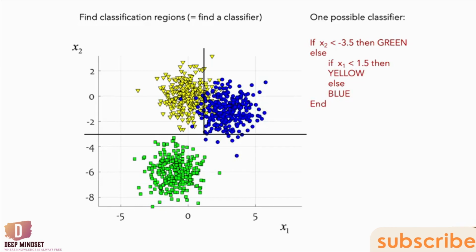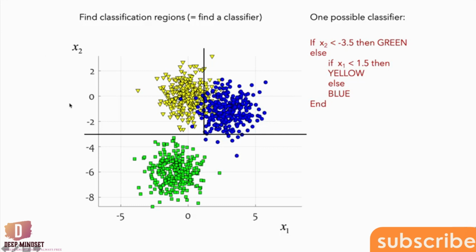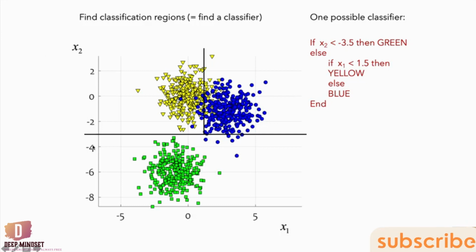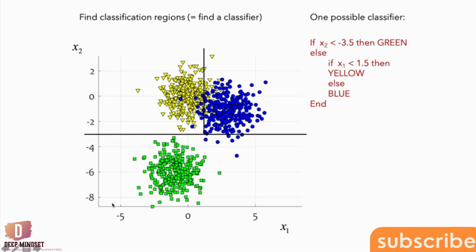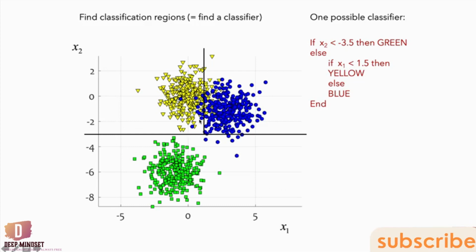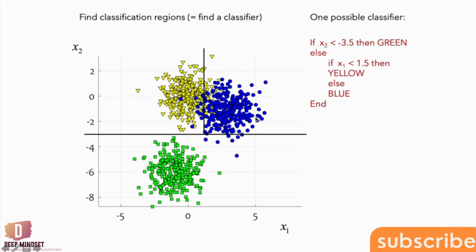So if x2 is less than 3.5, then the class is green. Else, so we are above, if x1 is less than 1.5, this is class yellow. Else, meaning it's above, this is class blue.